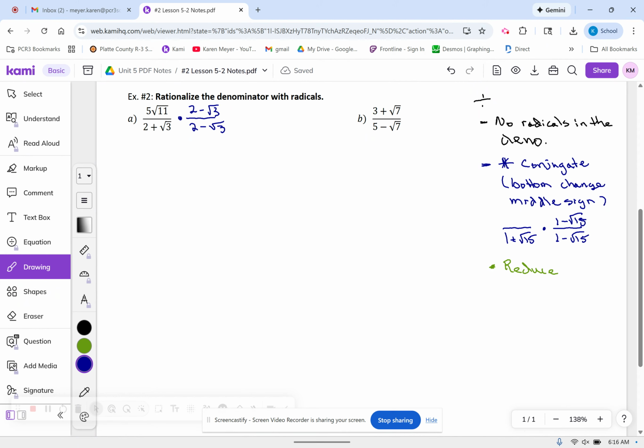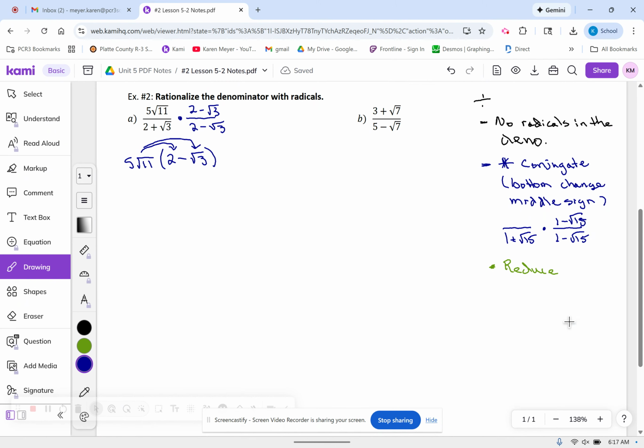So if I'm looking at the top, I'm going to take 5 square root of 11 and multiply that by 2 minus the square root of 3. So for the top, I'm going to use distributive property, because there is no plus or minus in between the 5 square root of 11, so that's considered one term.